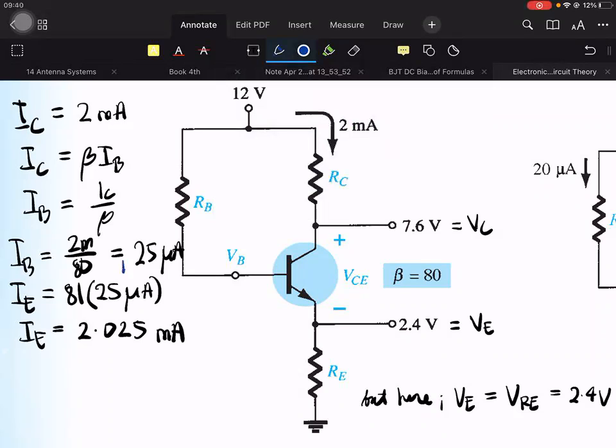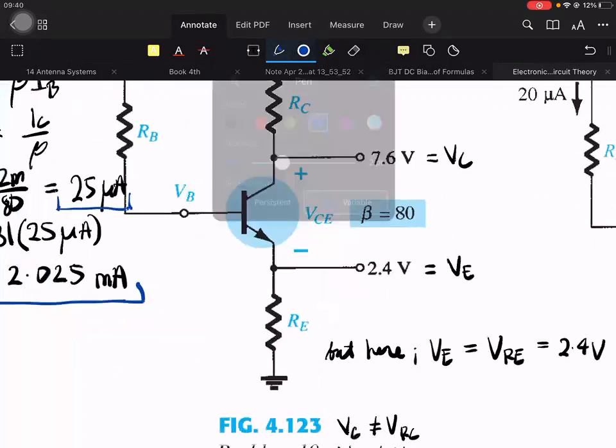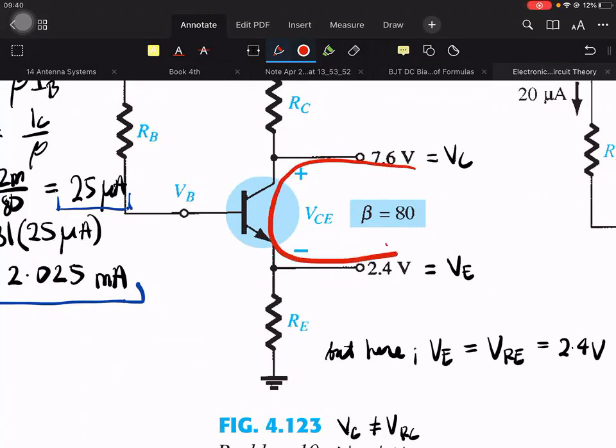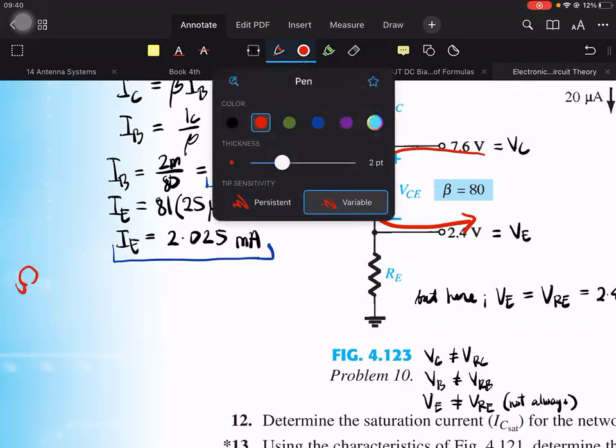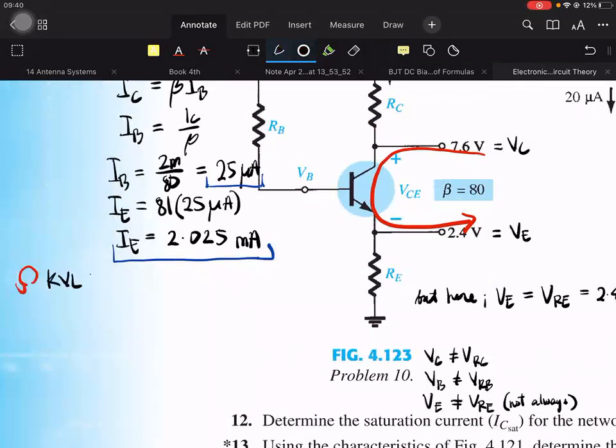The objective here is to find the resistors. So VCE, if we apply KVL here: VC minus VCE minus VE equals 0.